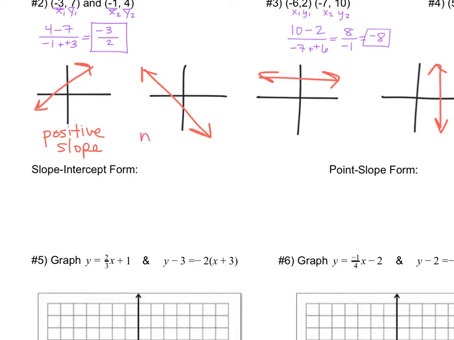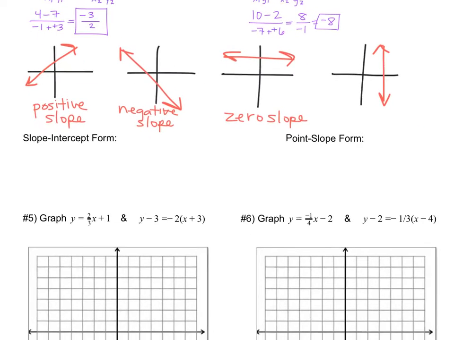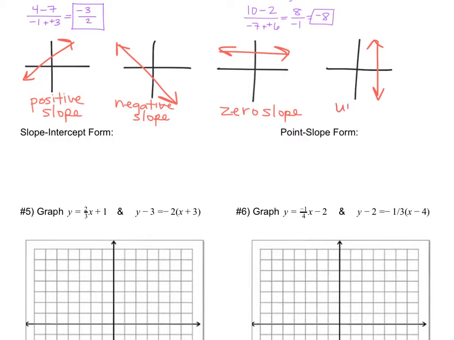That's a negative slope. Okay, and then here's the two that often get mixed up. What is the slope of a horizontal line? 0. It is 0, okay? A horizontal line has a 0 slope, and a vertical line has an undefined slope.